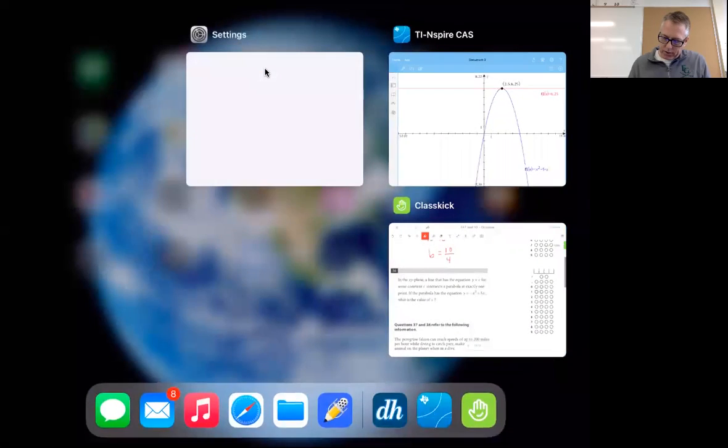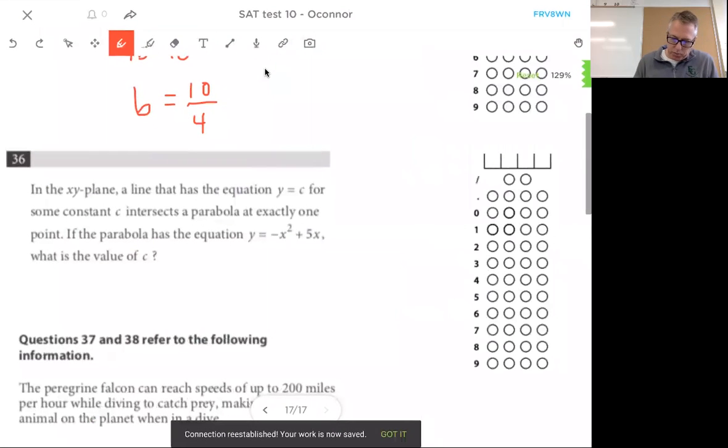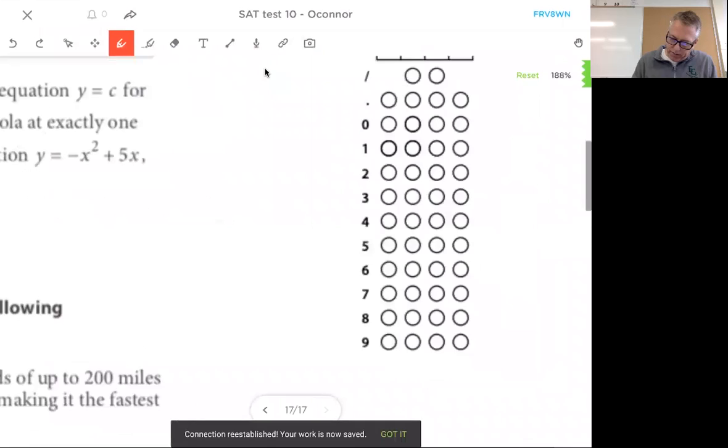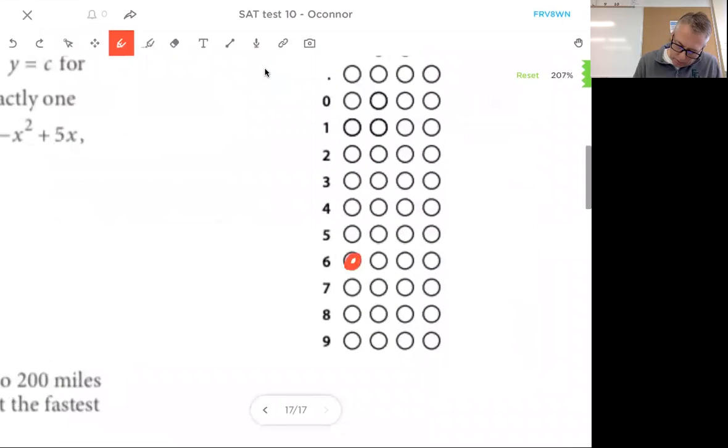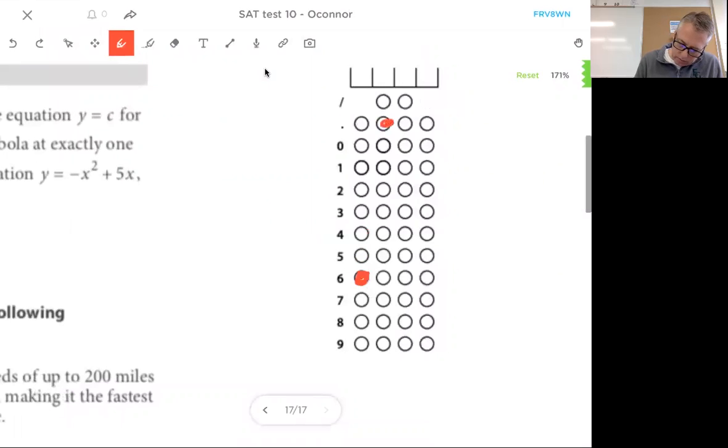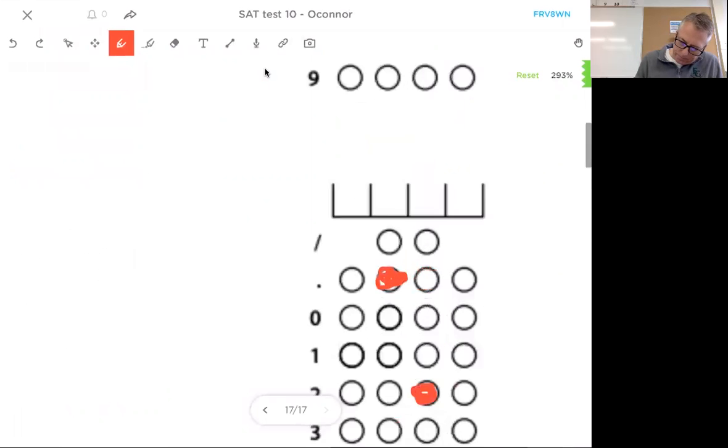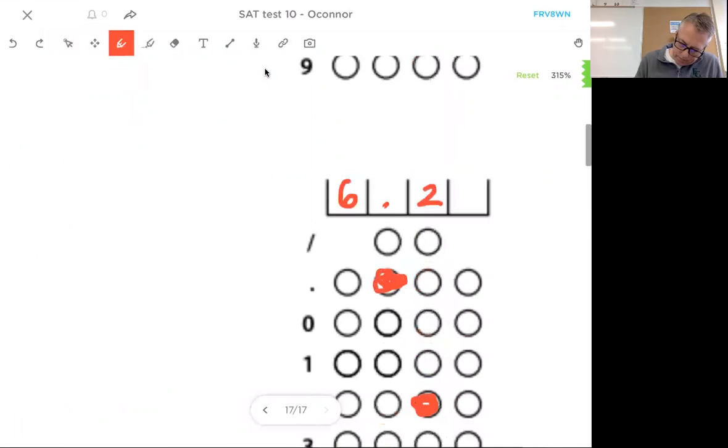Okay, so that means that our C value is 6.25. I don't even have any work to write on that one. And I'll write that up top here. And we are almost done, guys.